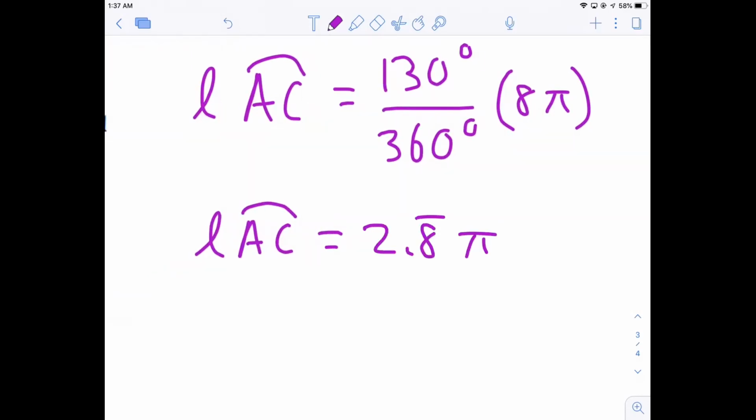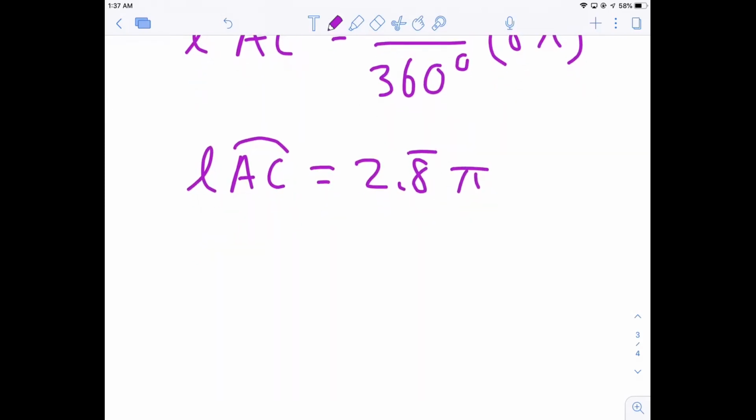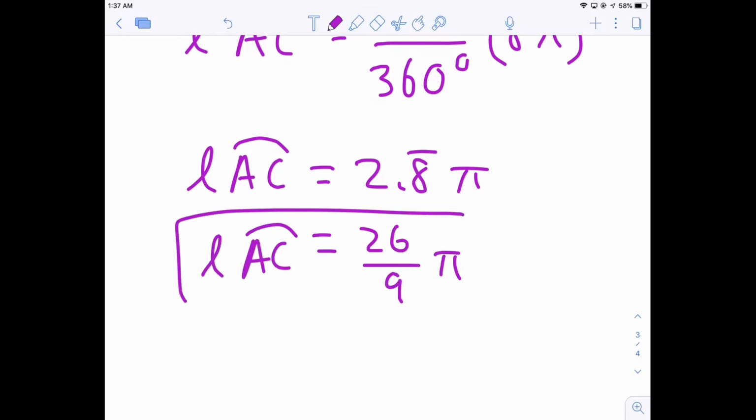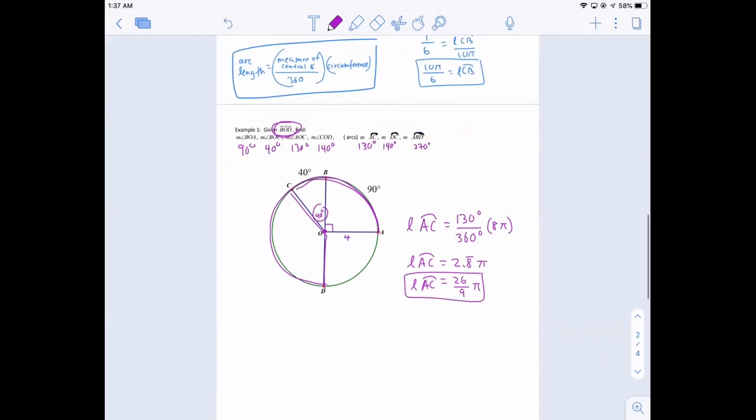All right, let me get that as a fraction. 130 divided by 360 times 8. All right, or we can also say 26 over 9 pi. And that's the nicer way to write it. There we go.